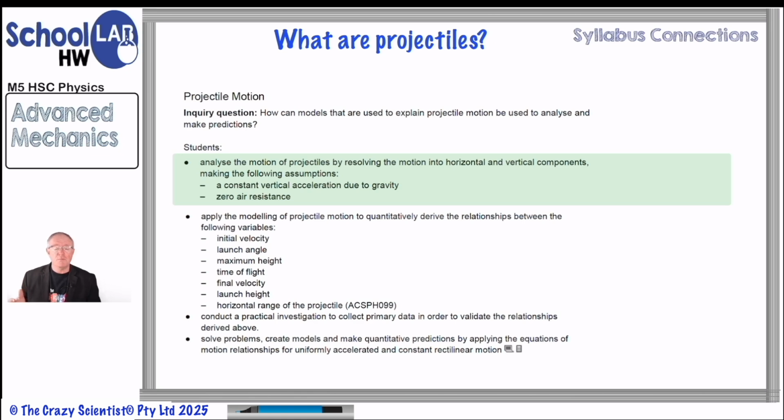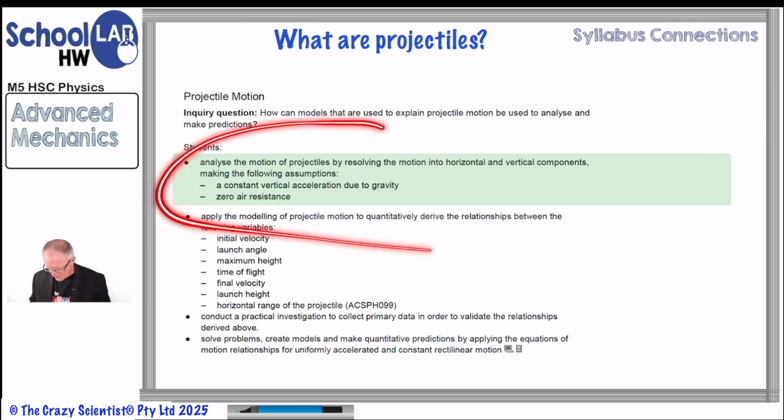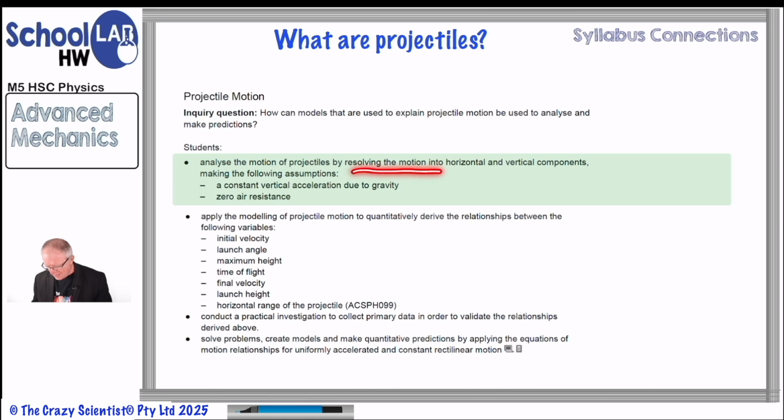For this particular point, we're going to be examining this syllabus point right here, which is the first section, which looks at analyzing the motion of projectiles by resolving them into components. Now, we're not looking at resolving in this video, but we are looking at the area to do with projectiles.